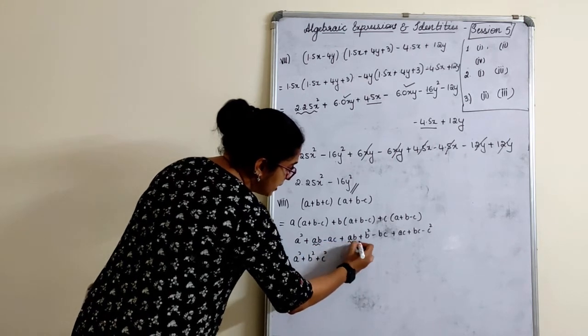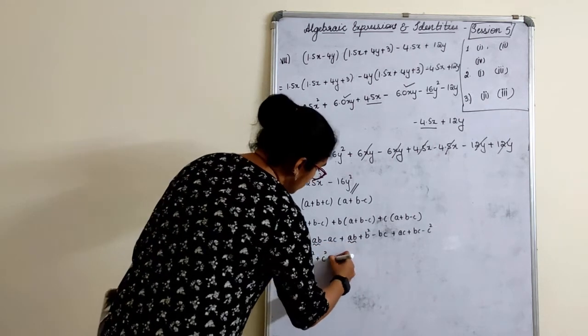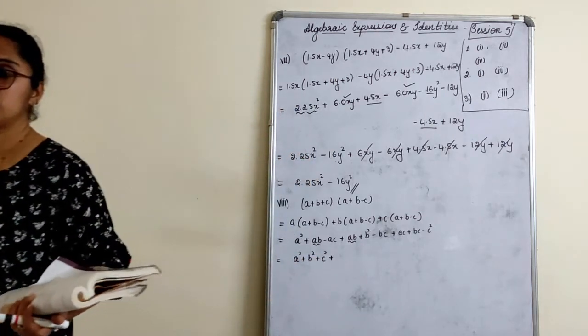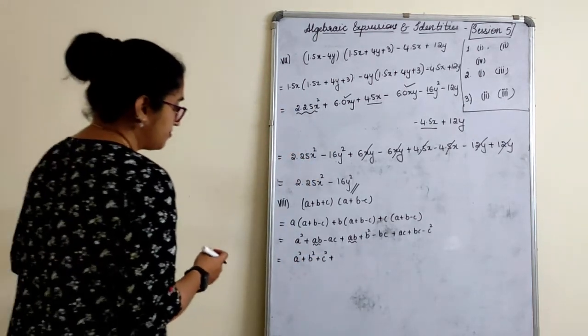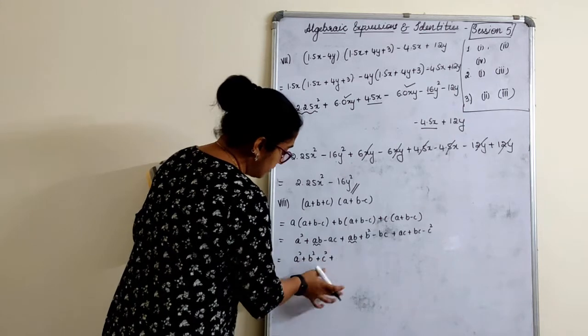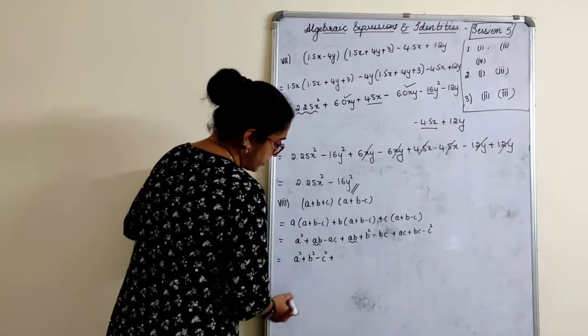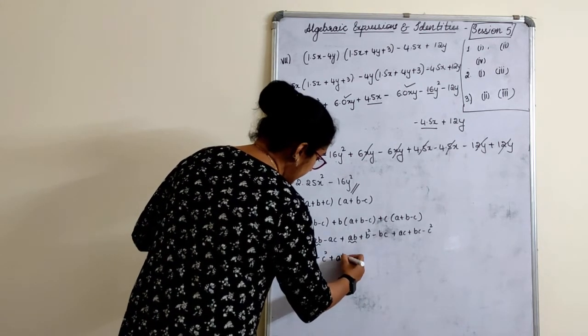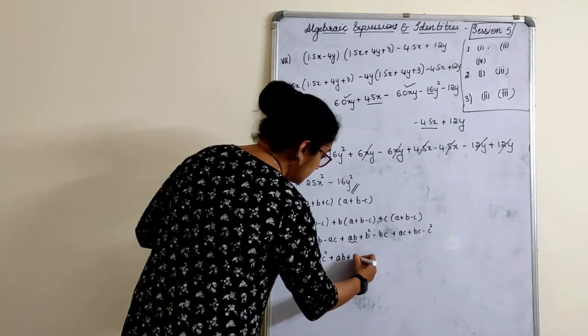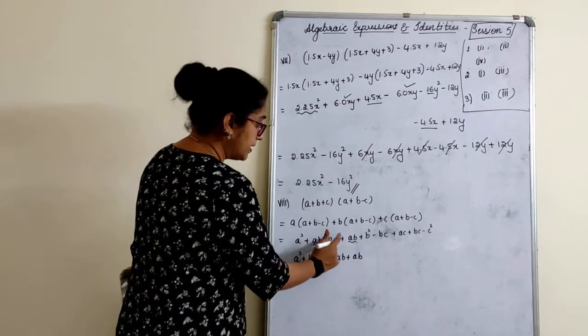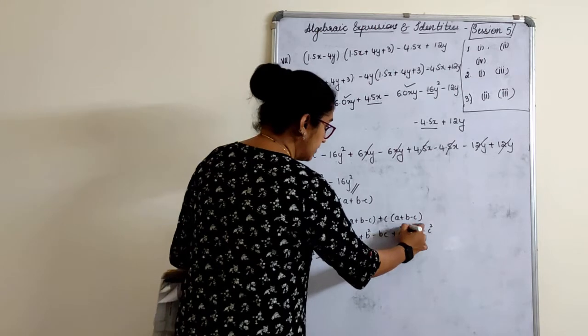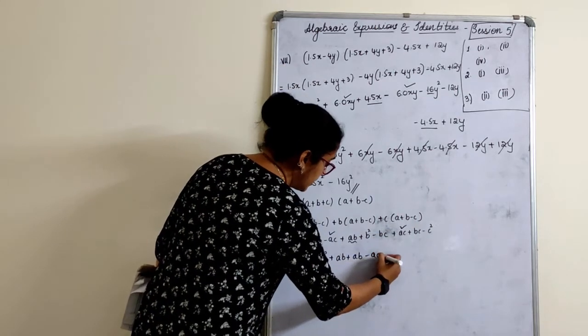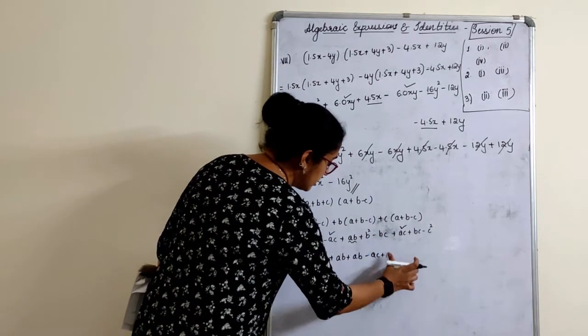Then you have ab and ab. Oh, it is minus c square. Okay. Then you have ab plus ab. Then after ab you have minus ac plus ac.